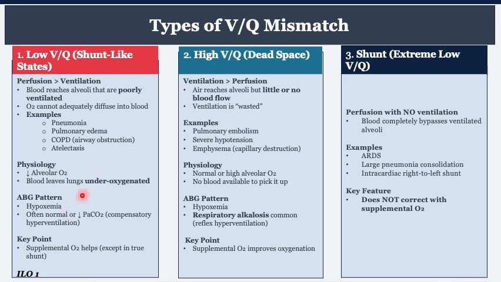So your ABG pattern, you'll have hypoxemia. You could have a normal or a decreased partial pressure of carbon dioxide if it's compensating. But again, the key point, a lot of times these patients will have low O2 sats and they'll need supplemental oxygen.